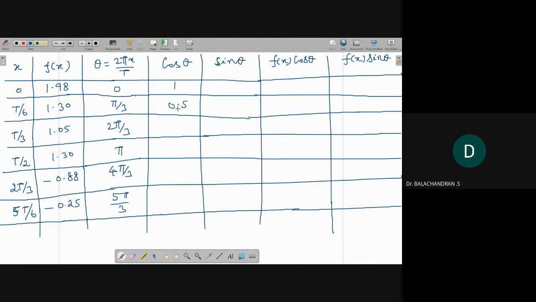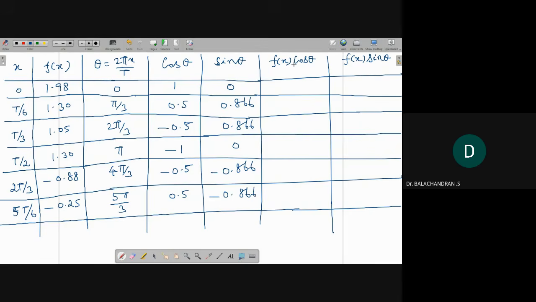Cos 2π/3 is minus 0.5. Cos π is minus 1. Cos 4π/3 is minus 0.5. And this is also 0.5. And then sin theta: sin 0 is 0, sin π/3 is 0.866, sin 2π/3 is 0.866, sin π is 0, sin 4π/3 is minus 0.866, sin 5π/3 is minus 0.866.